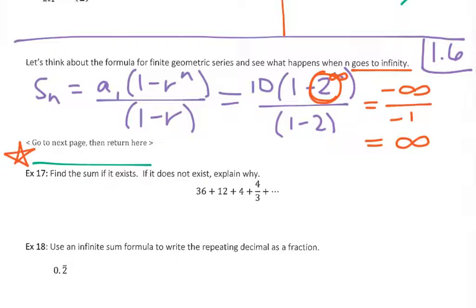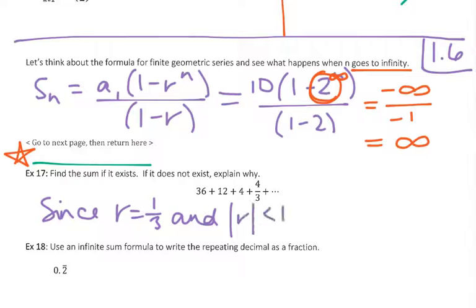So I would say, actually let me back up, since R equals 1/3, and the absolute value of R is less than 1, the series converges and the sum exists.